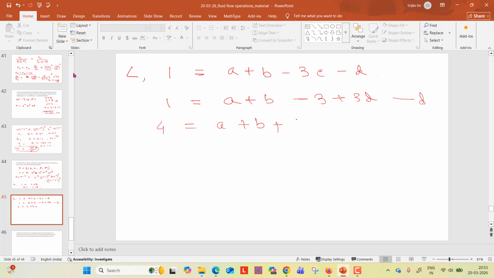If you compare T, it will come as minus 2 equals minus B minus D, right? So now you have an expression in terms of B, right?